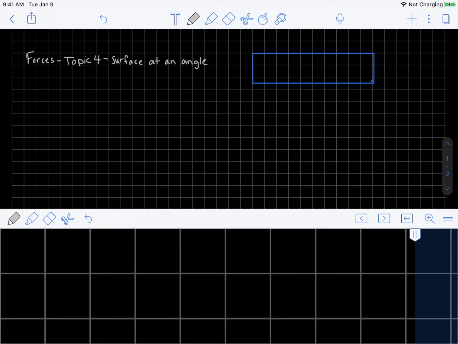All right, so this is the last topic of the first unit, topic 4, and it's surface at an angle type of problems. Now we've done angle problems before.